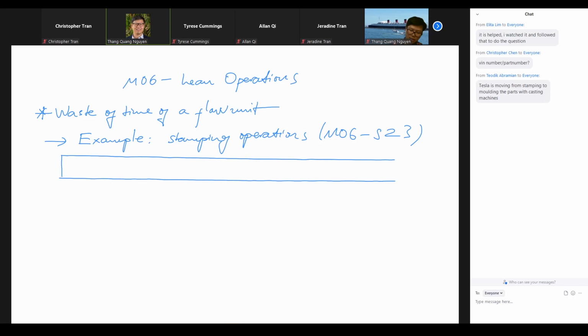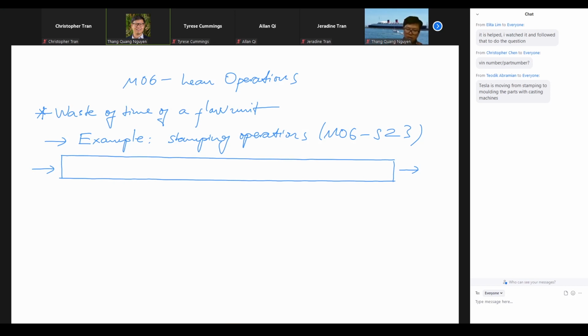It doesn't mean that it's only stamping. It means other activities in the whole process, right? The piece of metal will start here, and at the end, it will be in the shape that we want, and it will be shipped out to the car assembly factory.